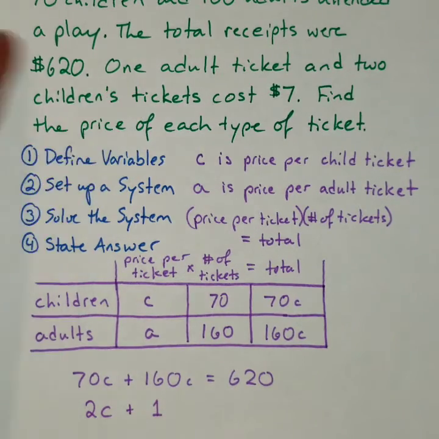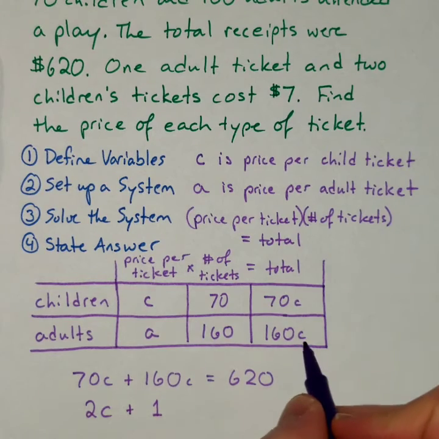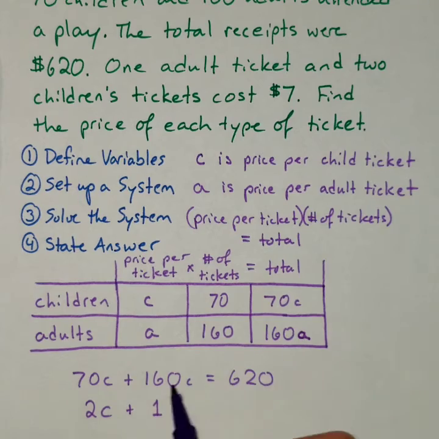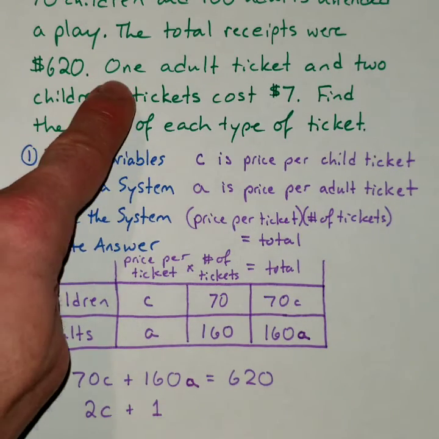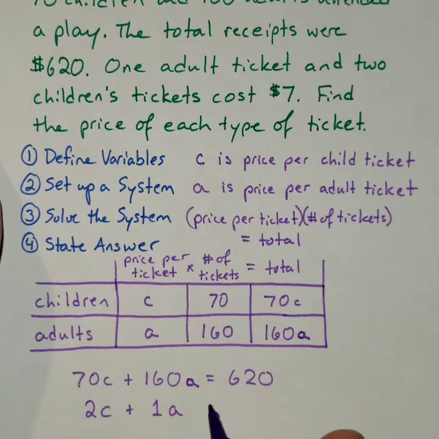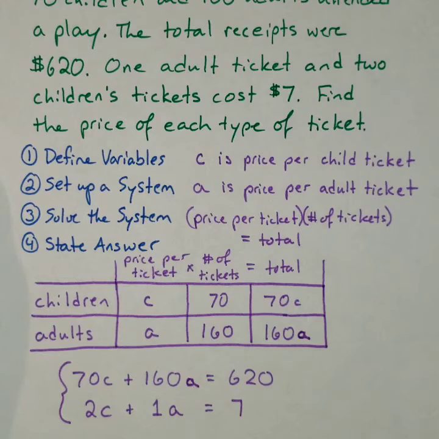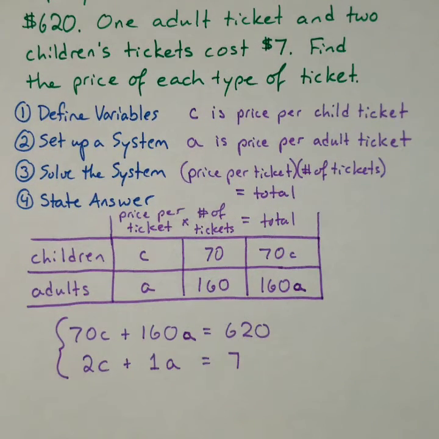Wait a minute, what did I do here? This should have been an A. I don't know why I wrote a C right there. That should be 160A, which means this is A. Okay, that's better. So 2C plus one adult ticket equals $7. That combination is our system, and now I have to solve it.